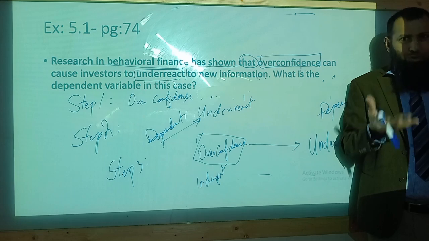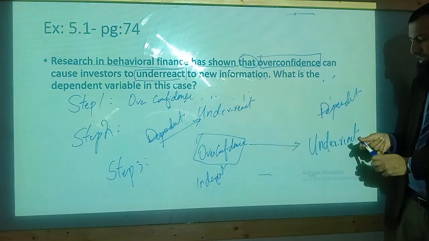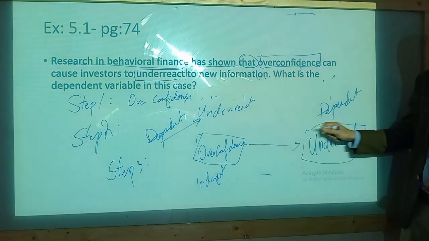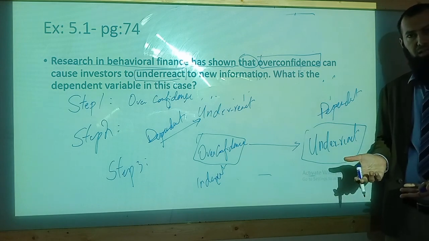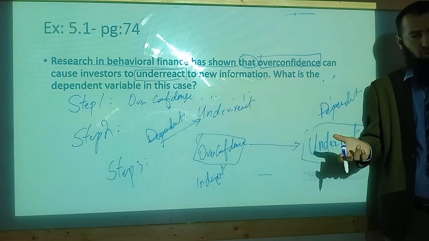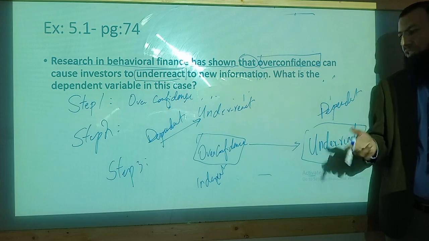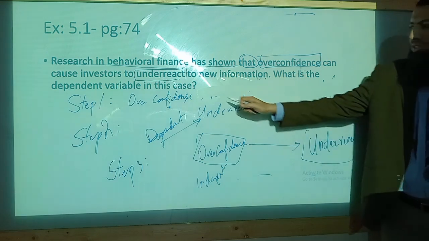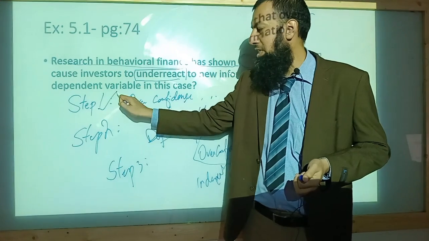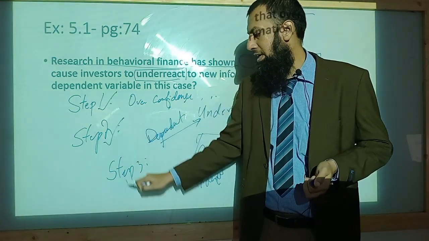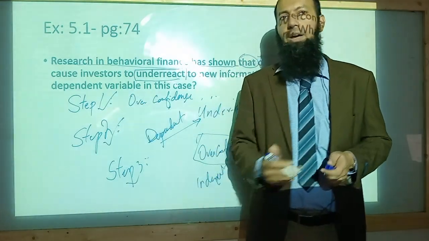And if you categorize it wrongly, how can this conceptual model be correct? It cannot be correct. So it's very important that your selection is correct, your categorization is correct, and then only your model will be correct.